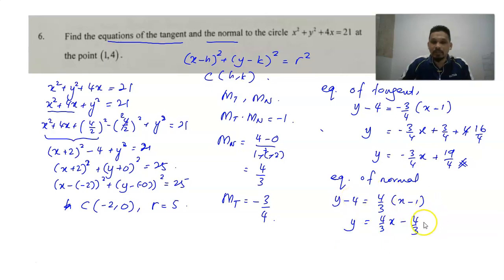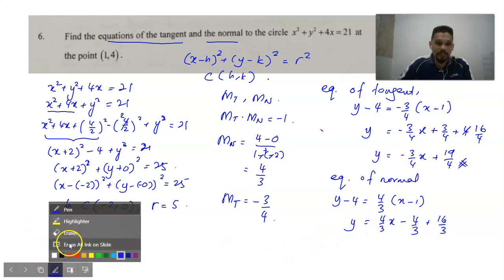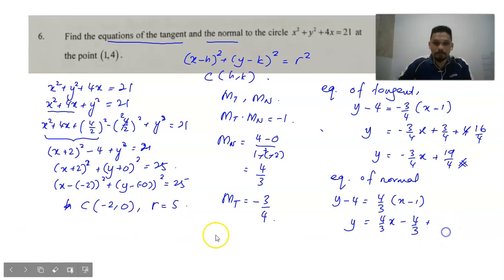Negative 4 here becomes positive 4, 4 times 3 equals 12. 12 divided by 3, look at the denominator here: it is 3, so 12 divided by 3 equals 4.